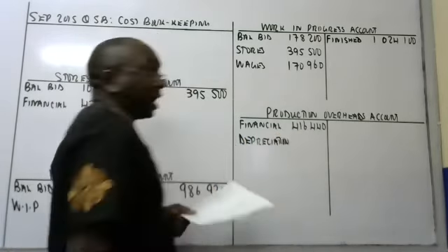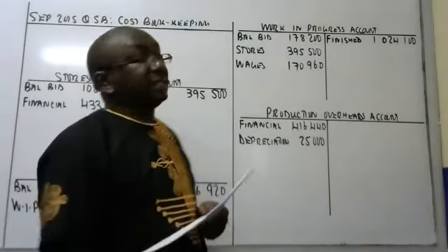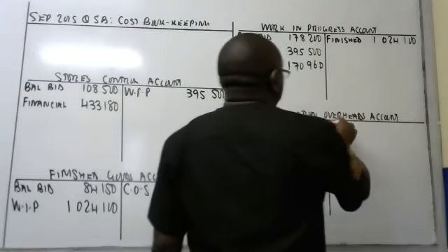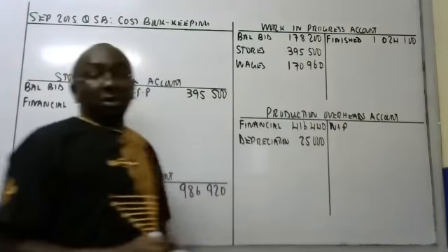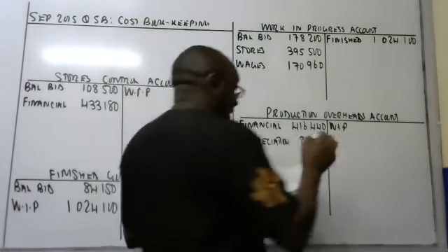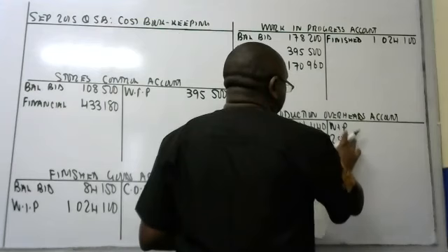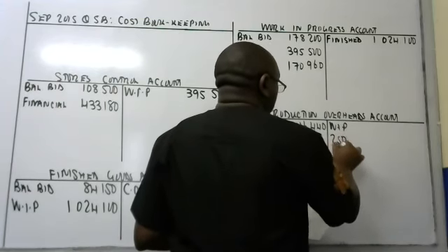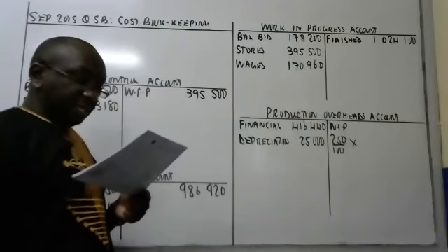Production overhead is absorbed at 250% of wages. So when you absorb overheads, you debit work in progress and credit overheads account. So we will say here, because of work in progress, the amount of absorbed overheads is 250% of the direct wages.